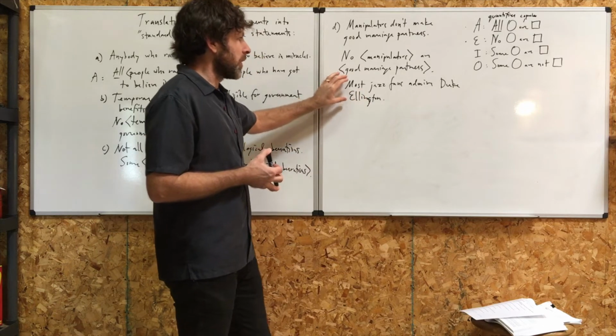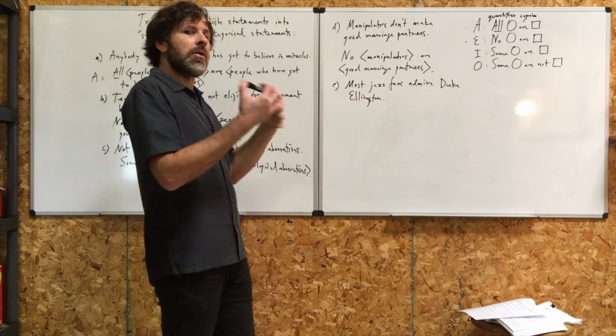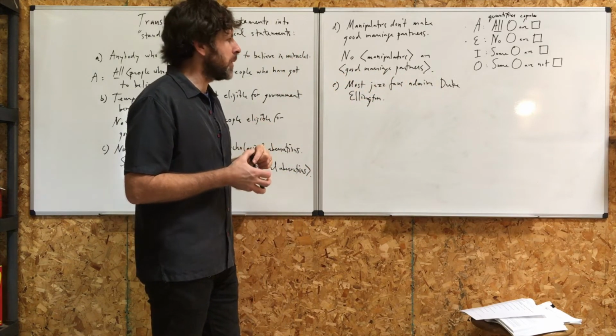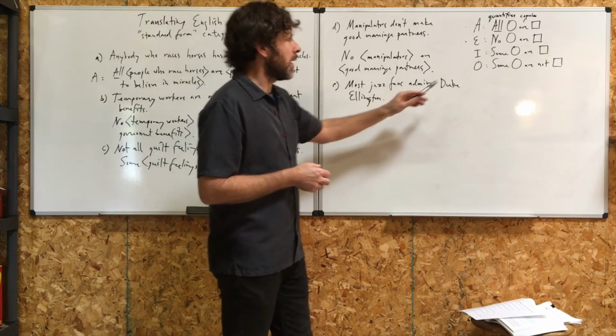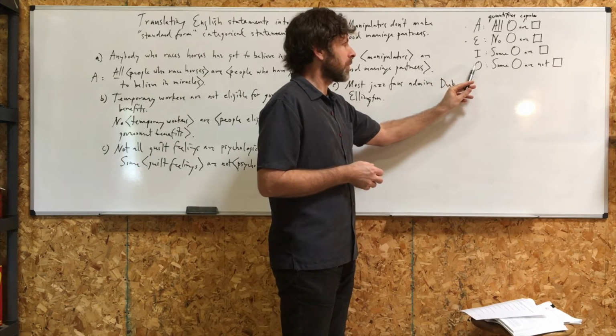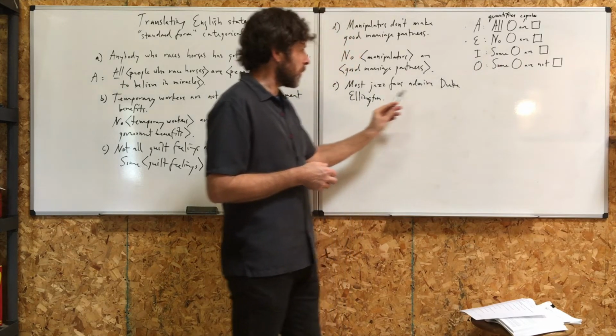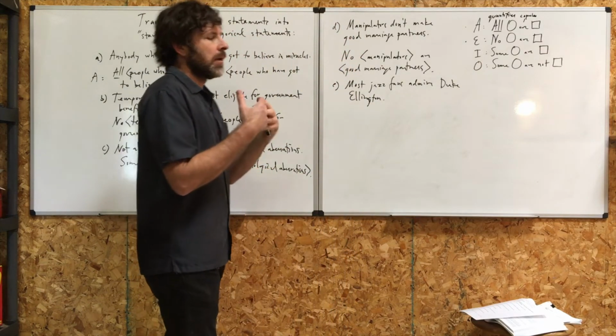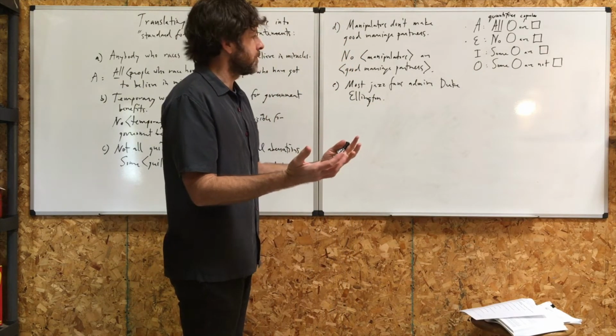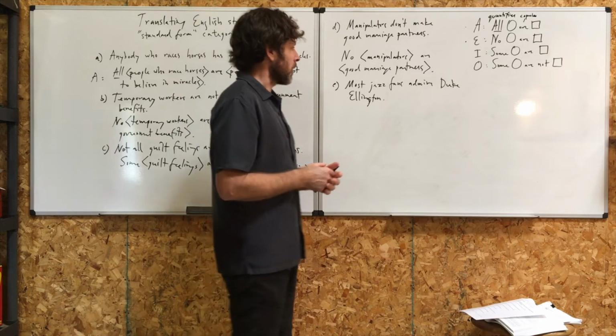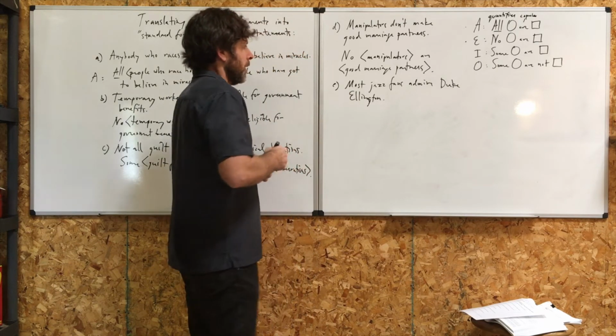When this is featured in an argument, it turns out that logically speaking, if you translated it as an I or O statement, in other words, as a some statement, a particular statement, it works. So it's a means to an end.